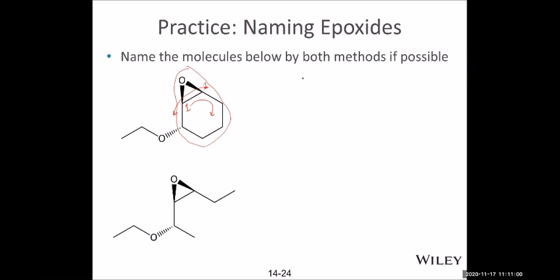And so number 1, the parent will be the cyclohexane, and the epoxy bond is between 1 and 2.